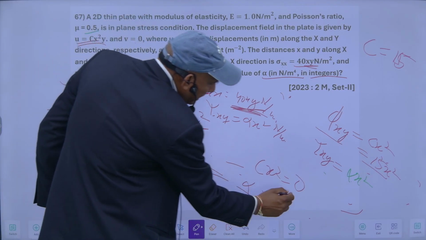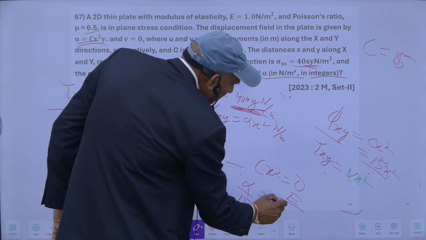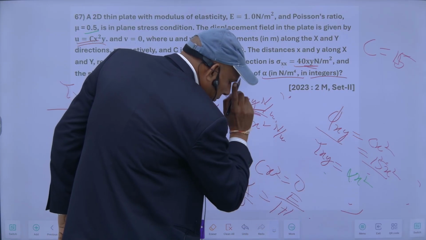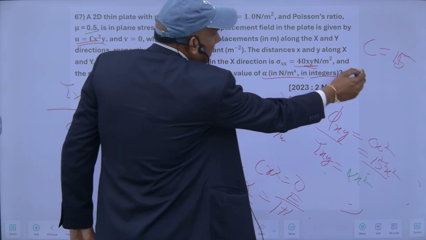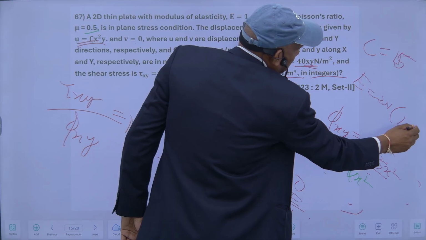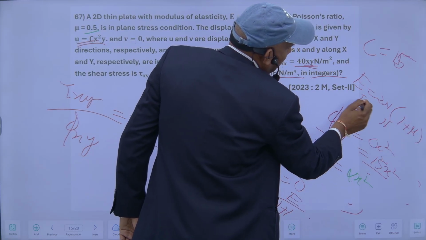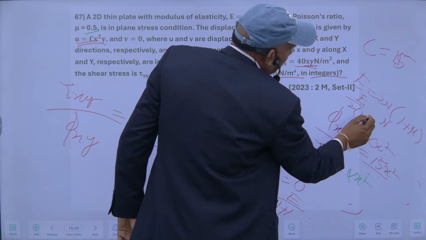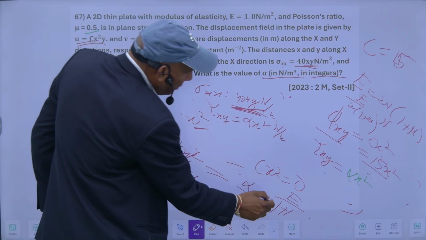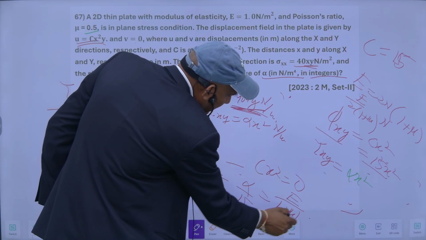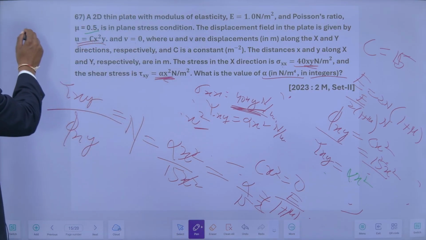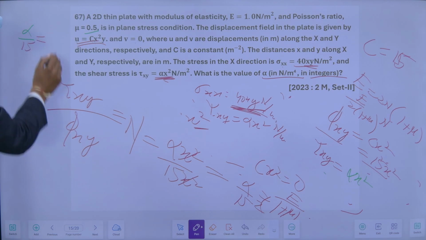N is equal to E upon 2 into 1 plus mu, so E is equal to 2n into 1 plus mu. So n will be E upon 2 into 1 plus mu. With this it will become alpha upon 15 is equal to E upon 2 into 1 plus mu.